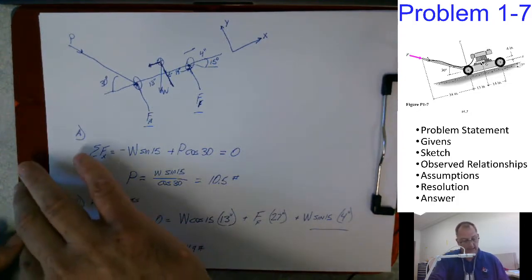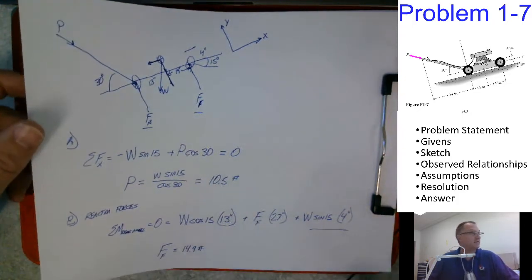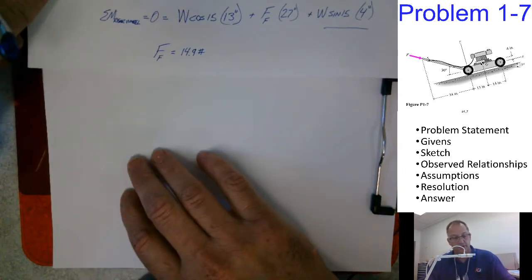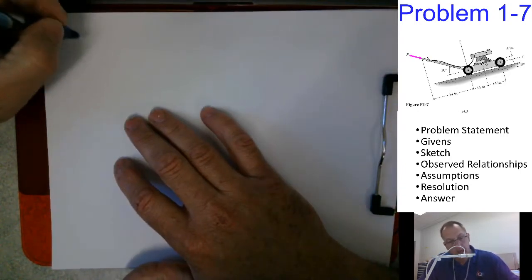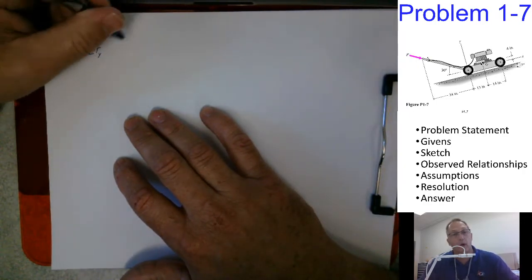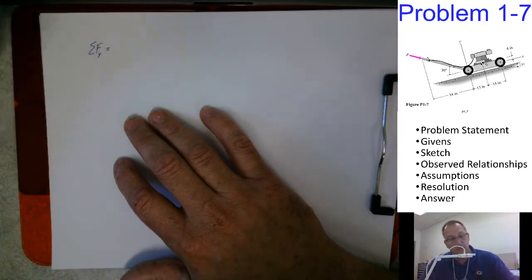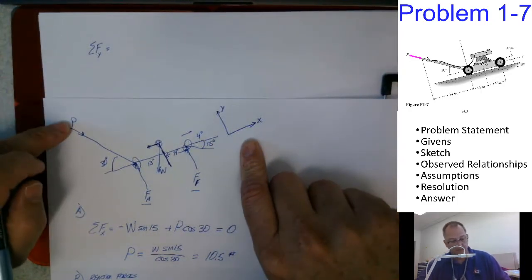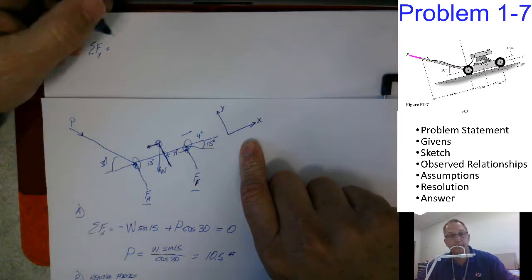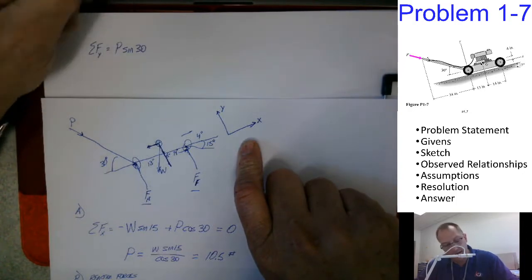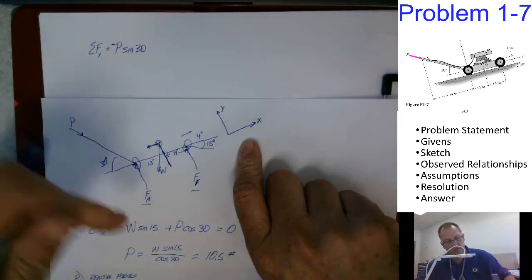All right, then lastly, I have to change pages to work the next part. To get the reaction force in the rear, I'm simply going to do sum of the forces in the y direction equal to 0. In the y direction, I've got P times sine of 30, and I'm pushing down, so it's negative.